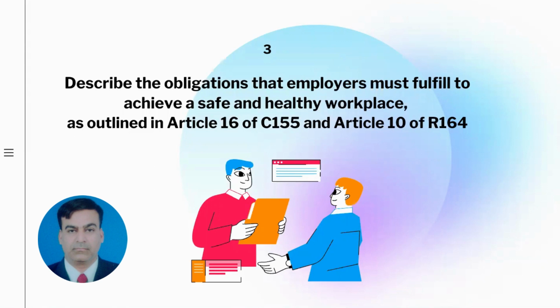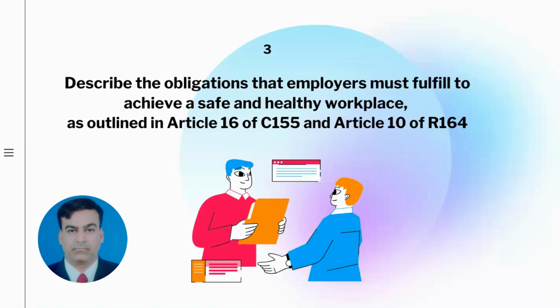R means Recommendation 164, another ILO occupational health and safety law. There are two types of law of the ILO, conventions and recommendations. So they are given specific numbers like C-155 and R-164. So first we discuss Article 16 of C-155 regarding the obligations of the employers.